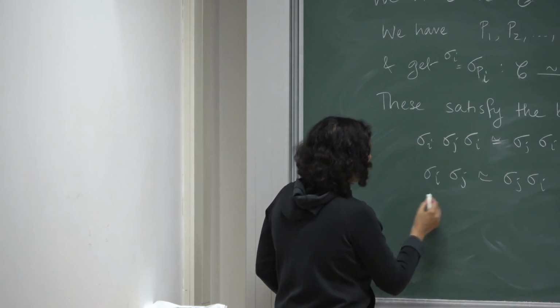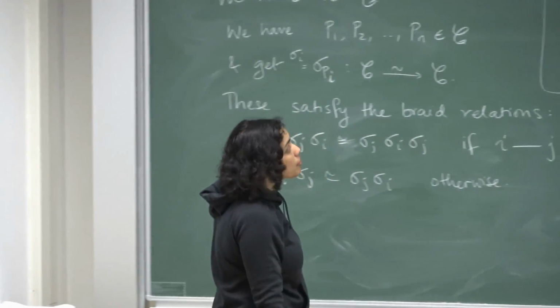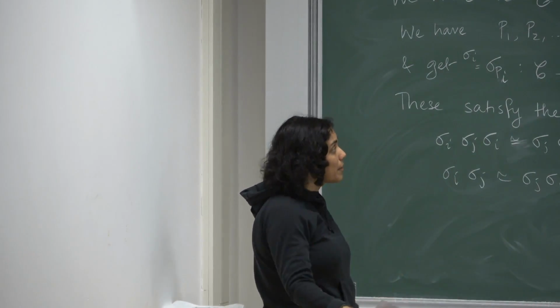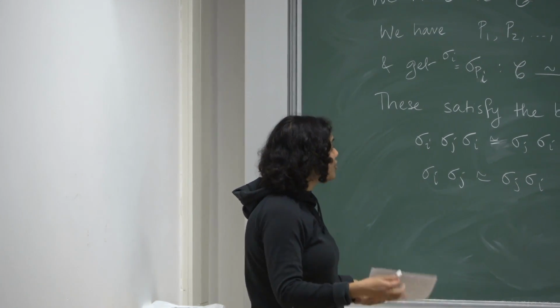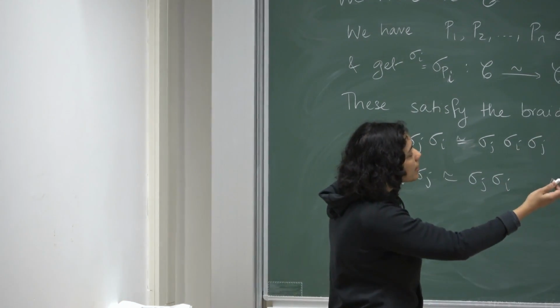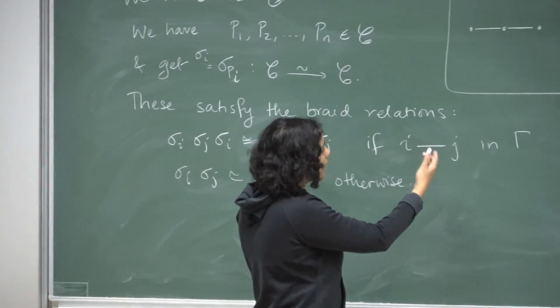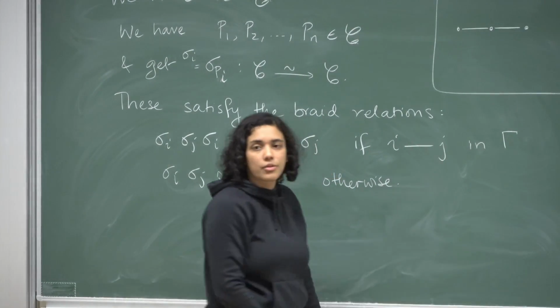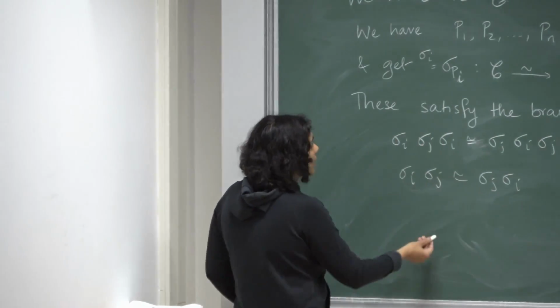So if you write down these relations for this graph, you get the 4-strand braid group. In general, for type An, you'll get the n+1 strand braid group. And if gamma is some other graph, it doesn't have to be a Dynkin graph, by the way, you'll get the corresponding braid group associated to the graph gamma, for which I've just given you the relations. Okay, so this is a very nice group.